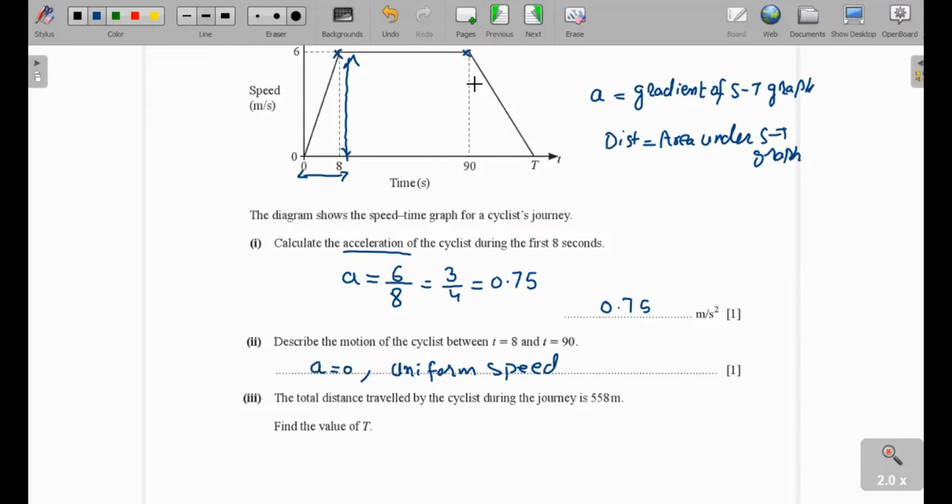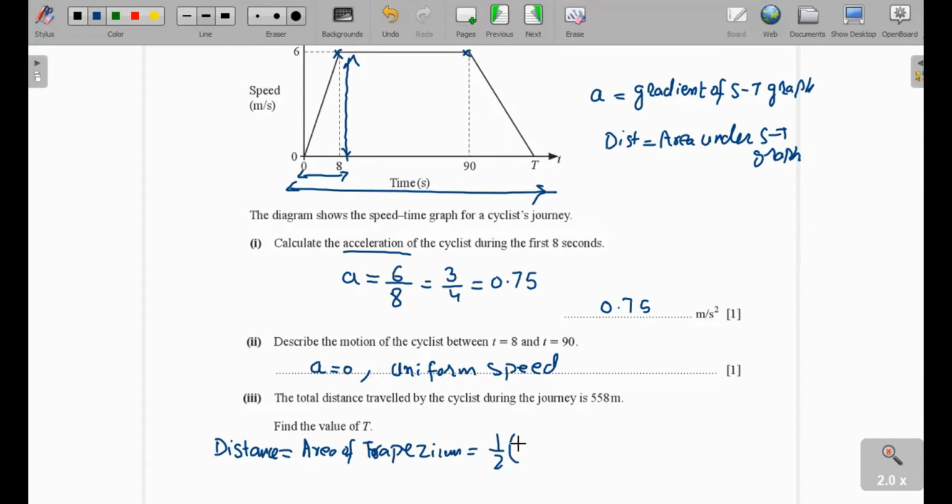Now, the area of this shape, and the shape is a trapezium. The area of the trapezium is equal to the distance, because the area under the speed time graph is the distance. Area is 1 over 2, sum of parallel sides.